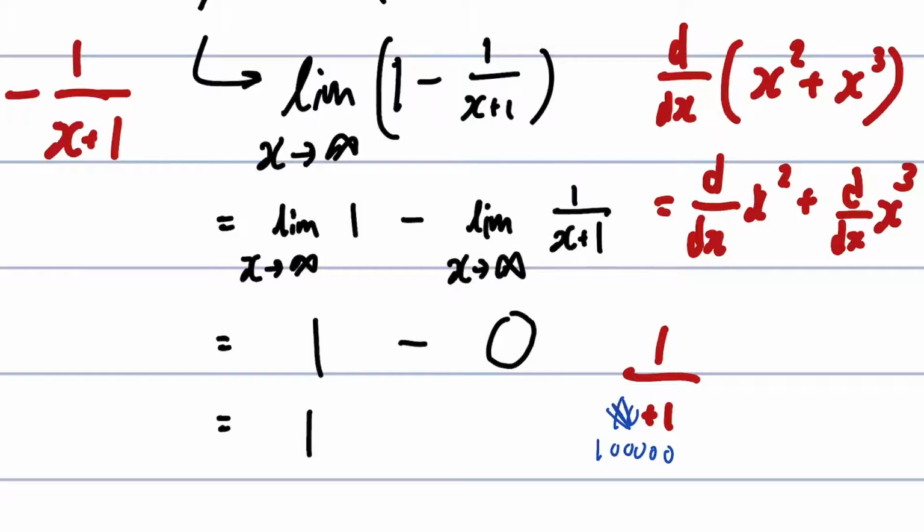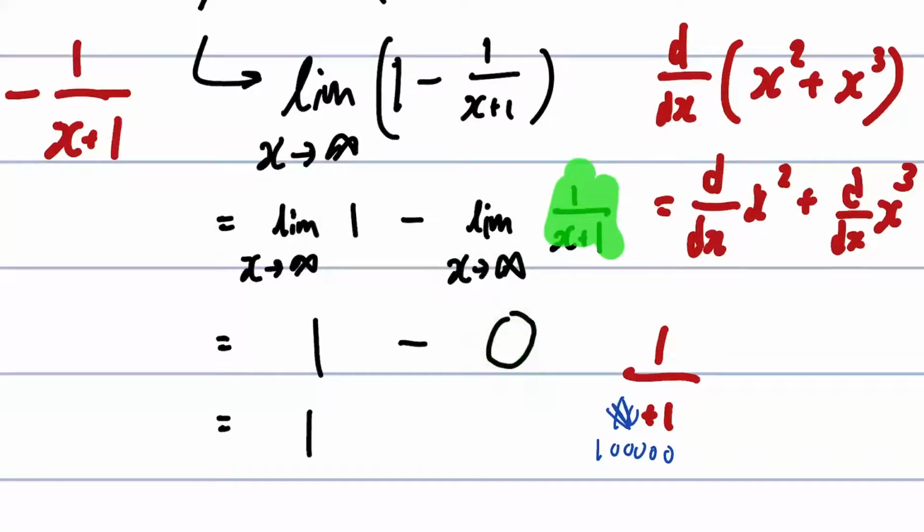0. Exactly. It will approach 0, right? Eventually, if you go all the way to infinity, the biggest possible number, then you just go to 0, and we say that it is exactly equal to 0. The limit of 1 over x plus 1 as x goes towards infinity is equal to 0.